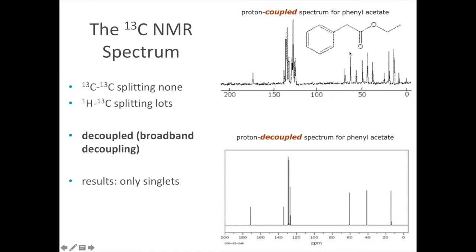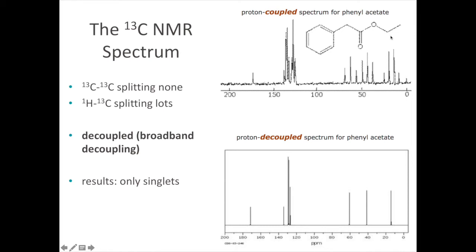This peak here corresponds to the carbon of this carbonyl. Notice there's no hydrogen around it, and that's why it is not split. It's just one strong signal, so that's fine. As we go along here, you see this mess over here. For example, this is a carbon right next to an oxygen, so it would be around this ppm here. But notice, how many hydrogens are attached to it? 1, 2, right?